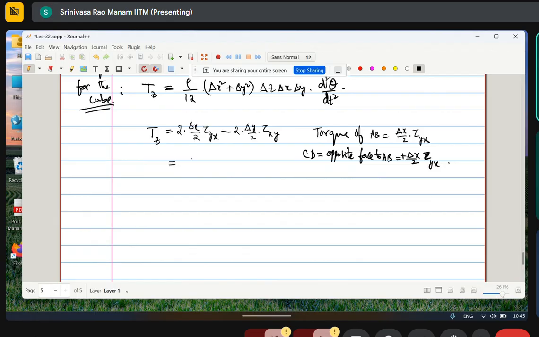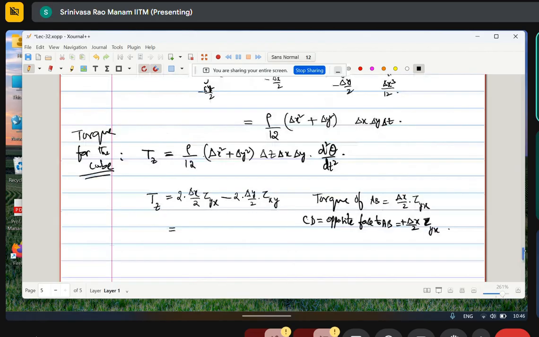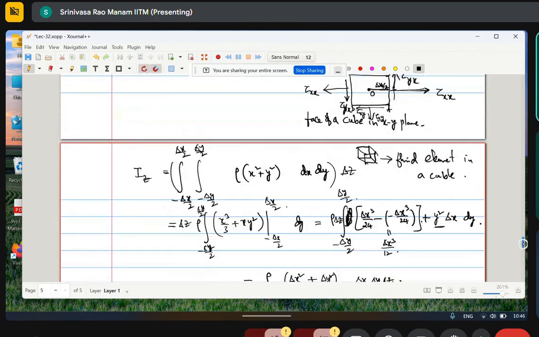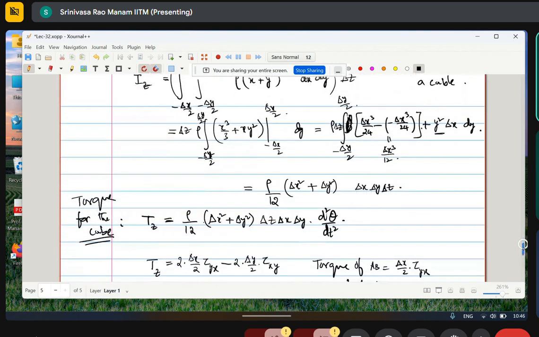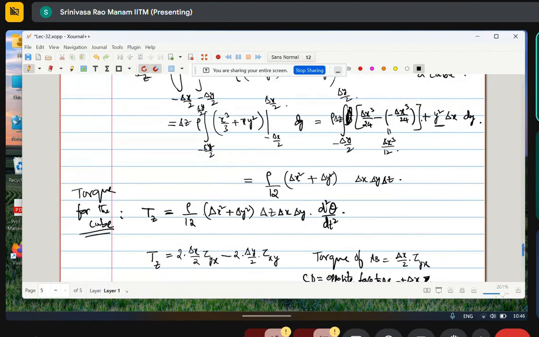This is only for one slice, right? It's only for one slice. Delta X, what happens to your delta X by 2? How do you get your delta Y, delta Z for the full cube? For the full cube, if you actually see, delta Y, delta Z. Where is the delta Y coming?